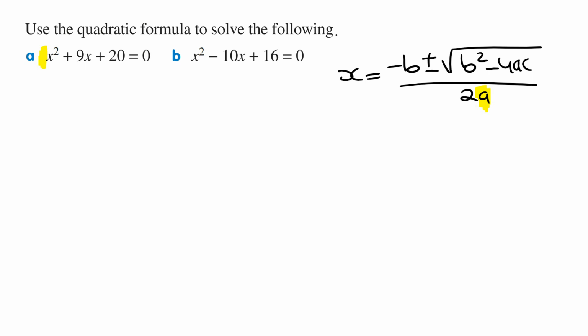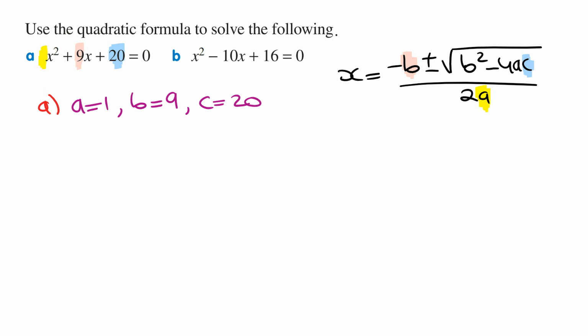The value of b is equal to the coefficient of the x term, and the value of c is equal to the constant. And so for part A, the value of a is going to be 1, the value of b is going to be 9, and the value of c is going to be 20.